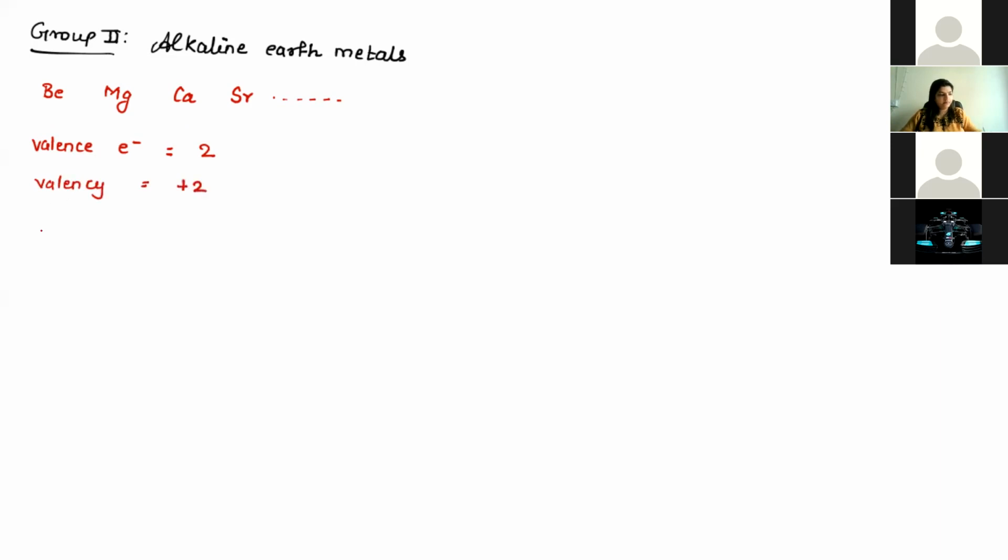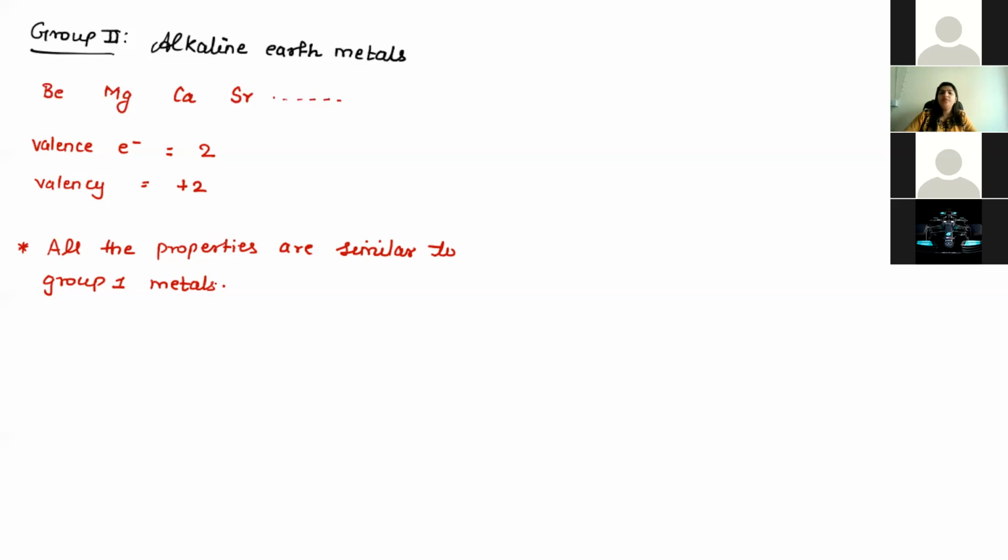Okay. So all the rest of the properties are similar to group 1 metals. That is why we are not going to study much in detail about group 2, because the only major difference is that valence electrons are 2 and valency is +2.